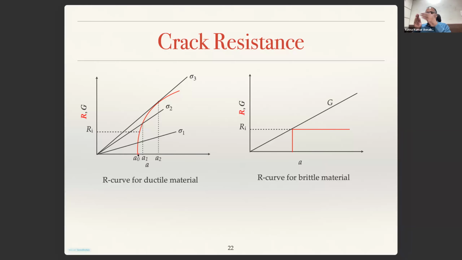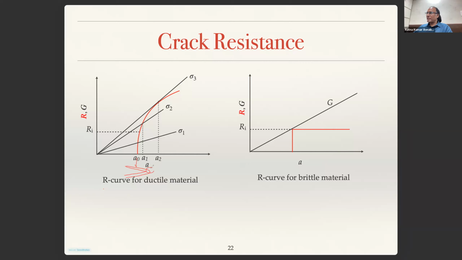As a result, the crack, which to begin with was a sharp crack, would now become a blunt crack. So what do I mean by that? At this point the crack was like that, but when the crack has grown from here to here, it will not remain a sharp crack anymore. It will become a blunt crack.